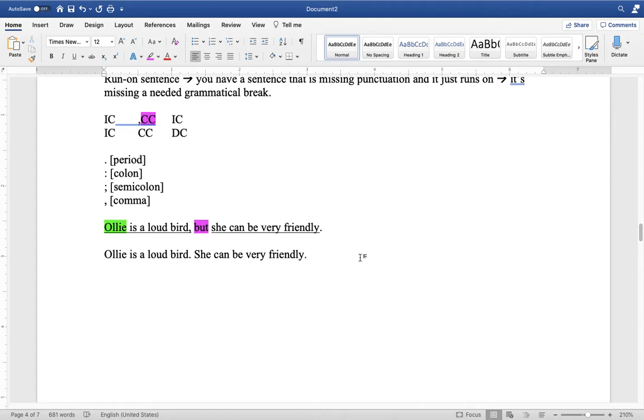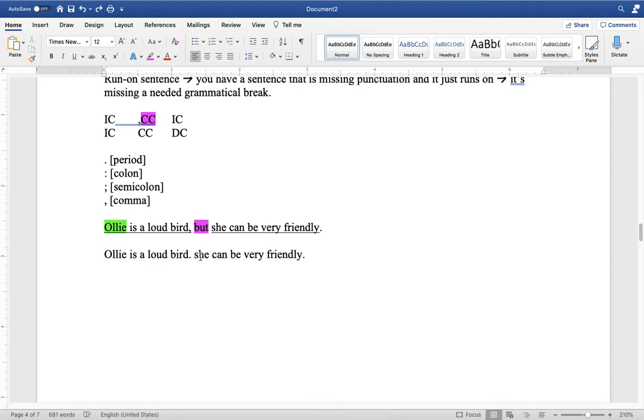Ollie's a loud bird. She can be very friendly. And I see this in the textbook. If I saw somebody write like this, I would say join these sentences because if we think about the meaning of each sentence, the length of each sentence, I would say they're similar enough. There's no reason why they can't be joined.